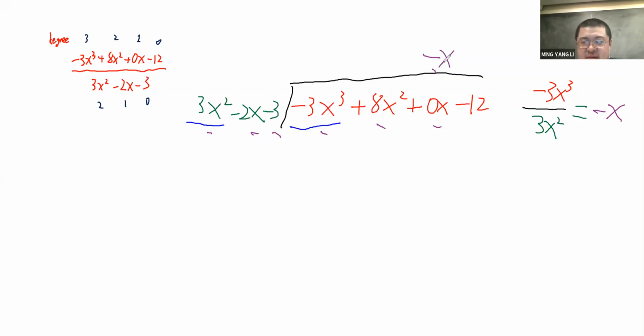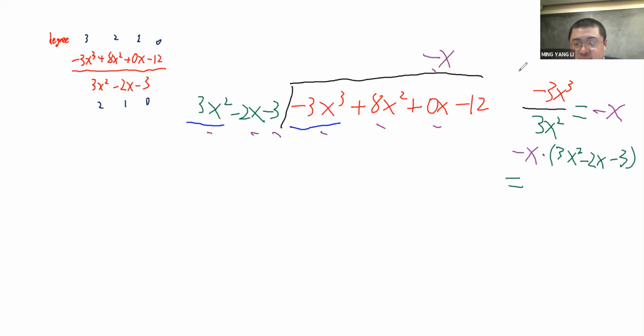Then we can go on. We have the leading term in the quotient. We just calculate the multiplication of this negative x times our divisor, which is 3x squared minus 2x minus 3. This will give us the first row.